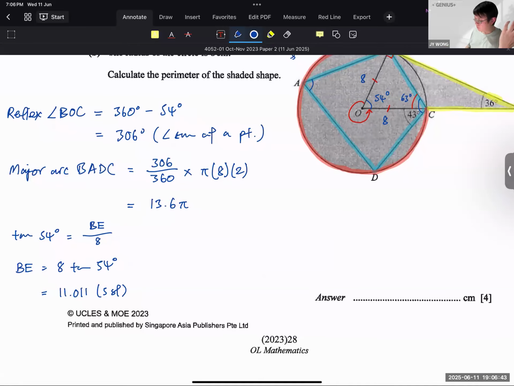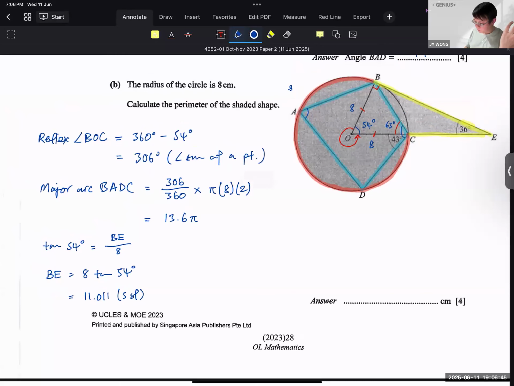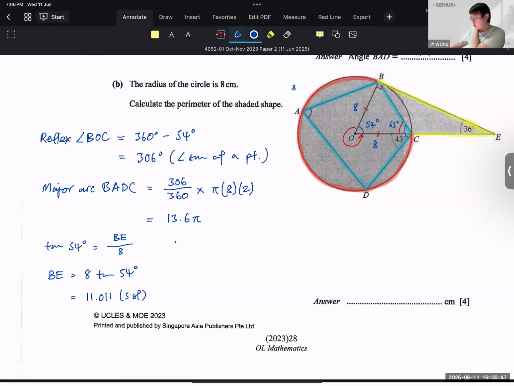Then same logic, I need to find OE. OE is my hypotenuse, so it doesn't matter whether I use sine or cosine. I'm just going to use sine over here. Sine is opposite over hypotenuse, so sine 36 degrees equals opposite, which is OB, over hypotenuse, which is OE.